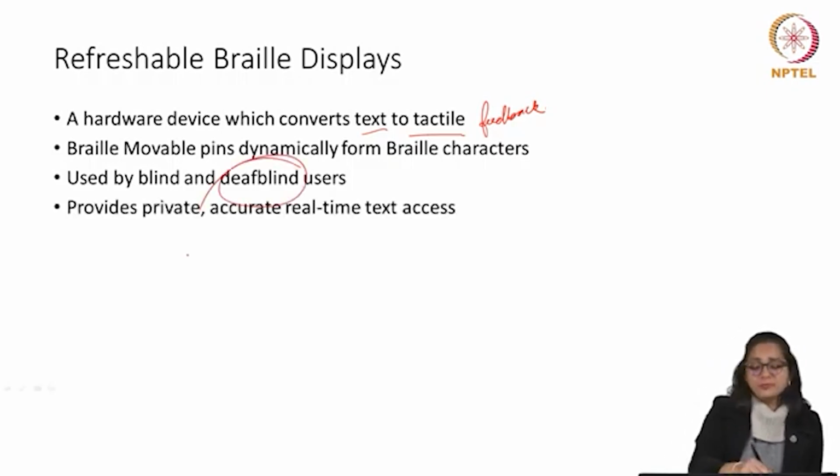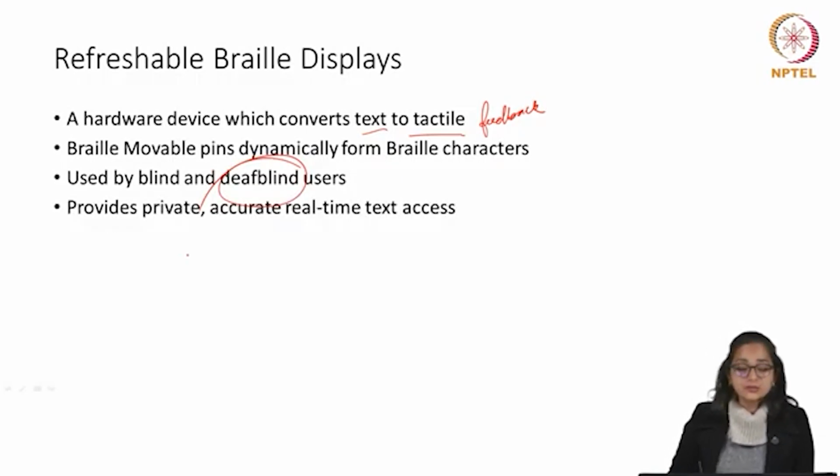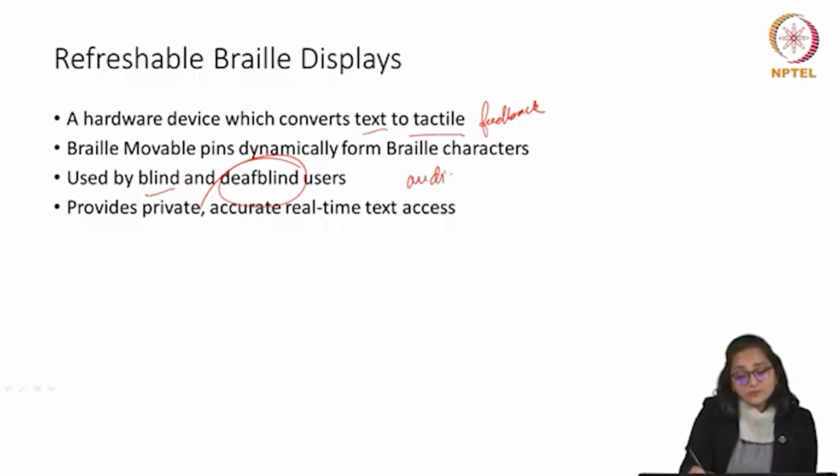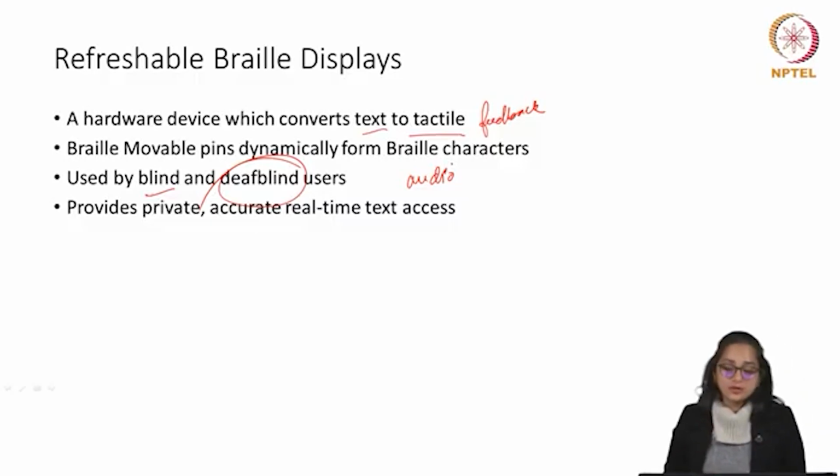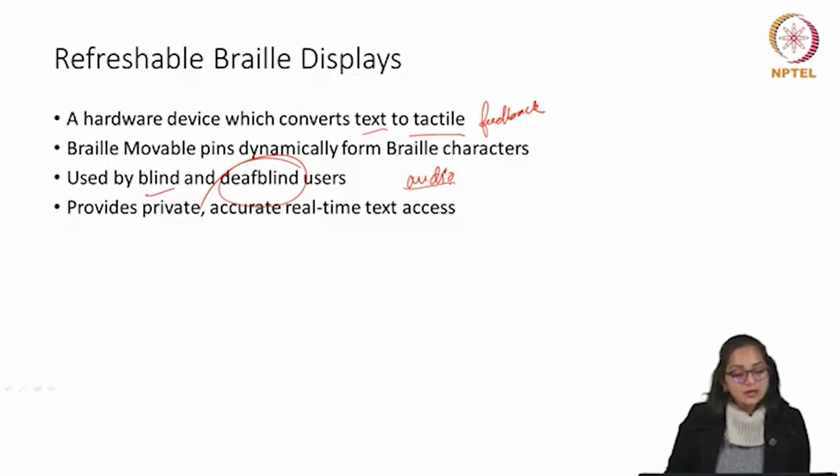Primarily, it is also very beneficial for deafblind users because many times you've seen that blind users can also use audio feedback, or as we saw with the screen reader, a TalkBack or a VoiceOver. But deafblind users cannot avail the audio as well, and then the tactile form of the written word becomes even more crucial and important for such users.